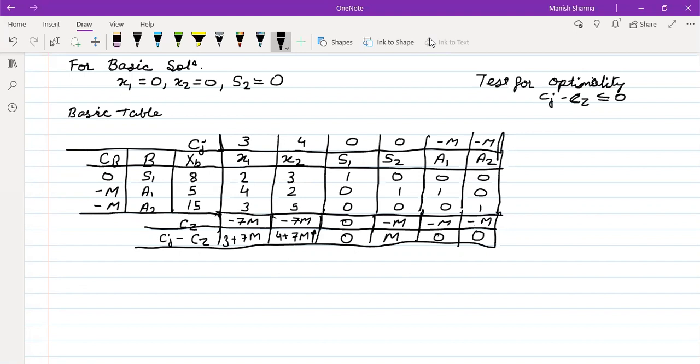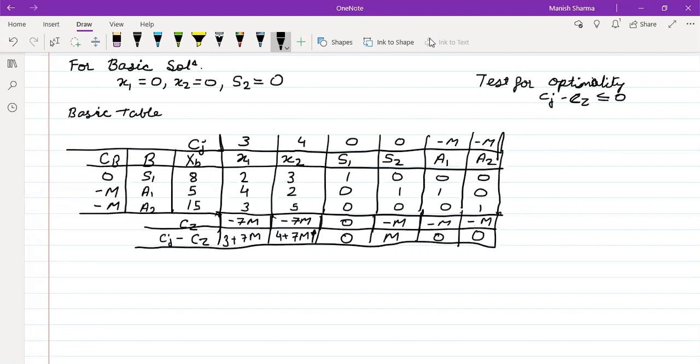Assume that m is equal to 1000. Then this is 7000 plus 4, 7004, this is 7000 plus 3, 7003. So the maximum is 4 plus 7m.